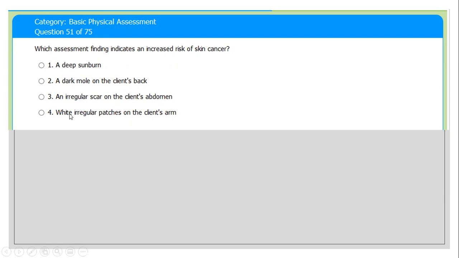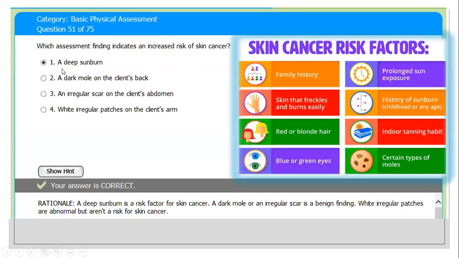Or number 4, a white irregular patch on the client's arms. So the examiner is asking about the risk of skin cancer. The keyword is skin cancer. These are basically risk factors. Which is the correct answer? The correct answer is a deep sunburn.